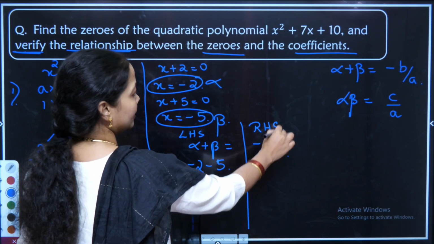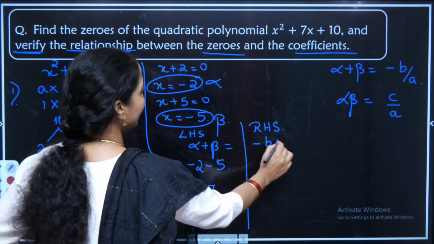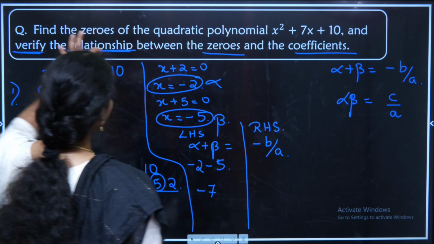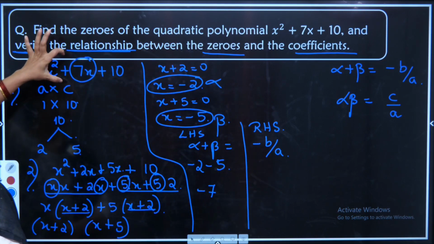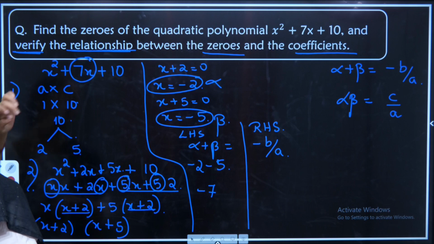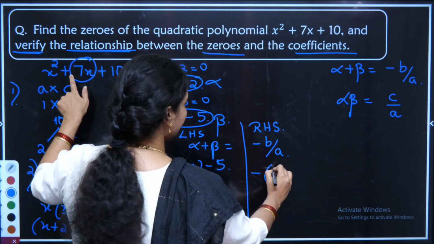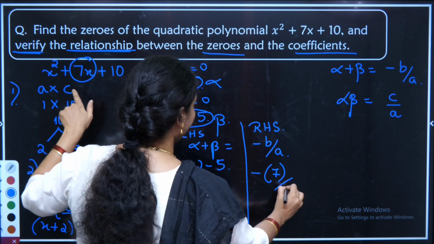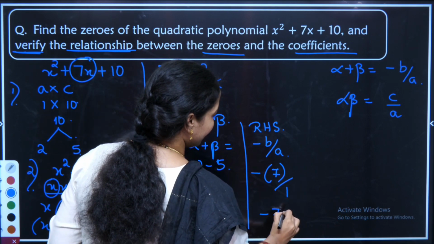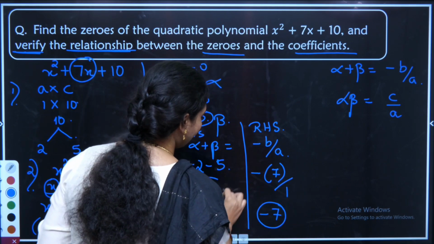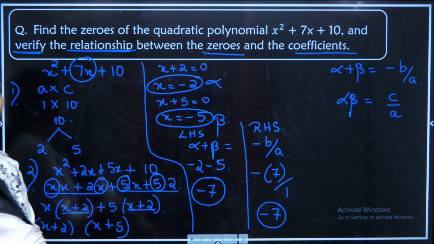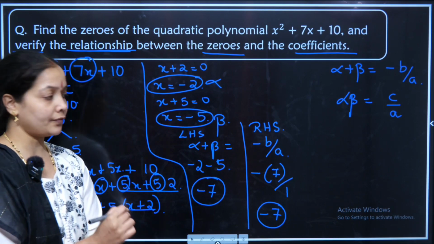When I see RHS, it is negative b by a. This I will be taking down from the question here. So minus is already there, and I have 7 as b and a is 1. So this is also giving me negative 7. So LHS is equal to RHS. Therefore sum of roots is verified.